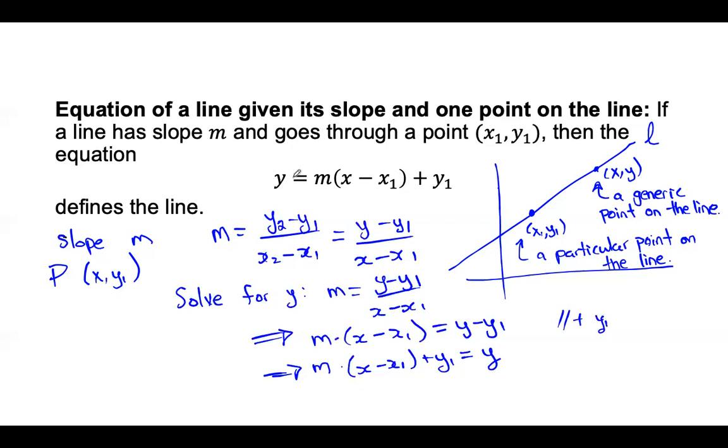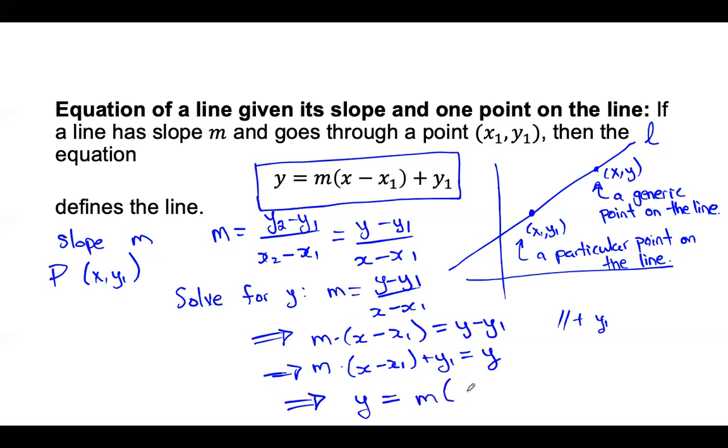So that's what we have right here. So this implies y is equal to m times (x minus x1) plus y1.